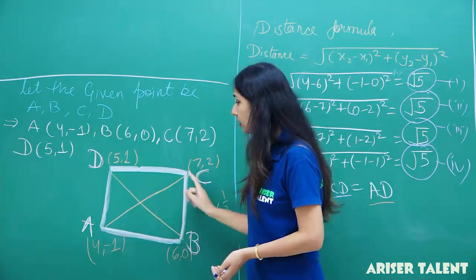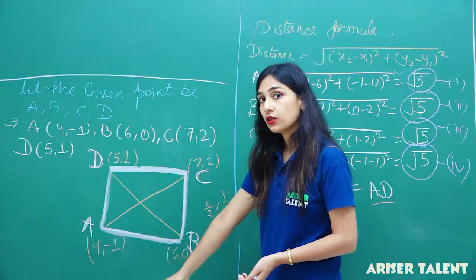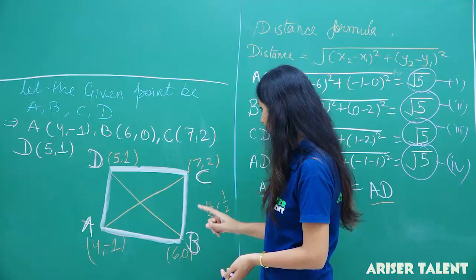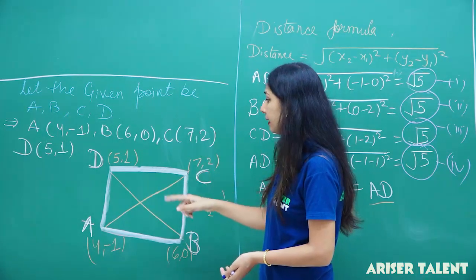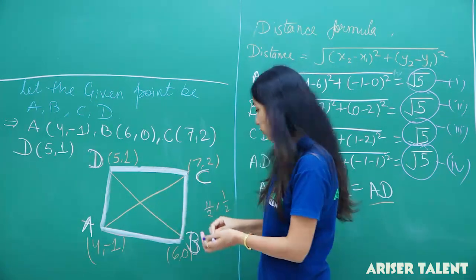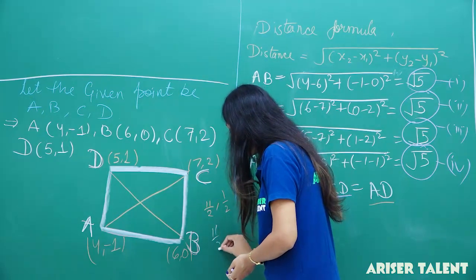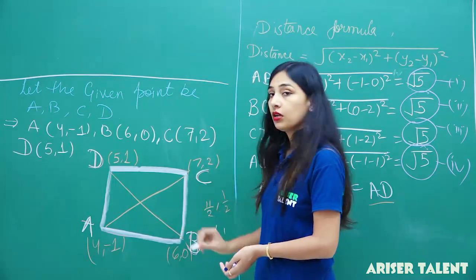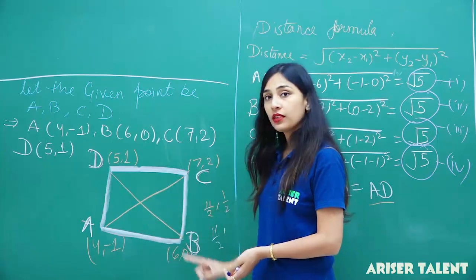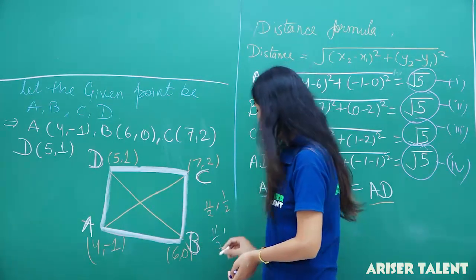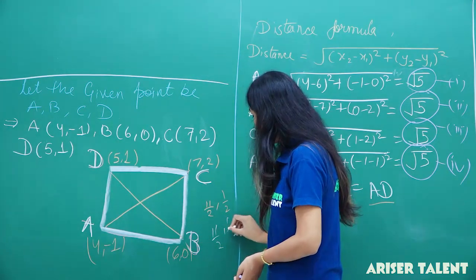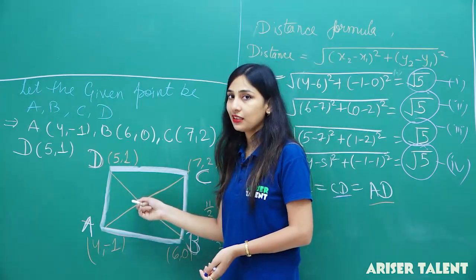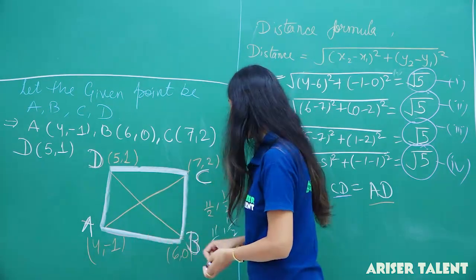For the other diagonal, 7 plus 4 is 11, by 2, 11 by 2, and again (2 plus minus 1) by 2 is 1 by 2. So the midpoint is the same, which is the intersection point. You can prove it by this also.